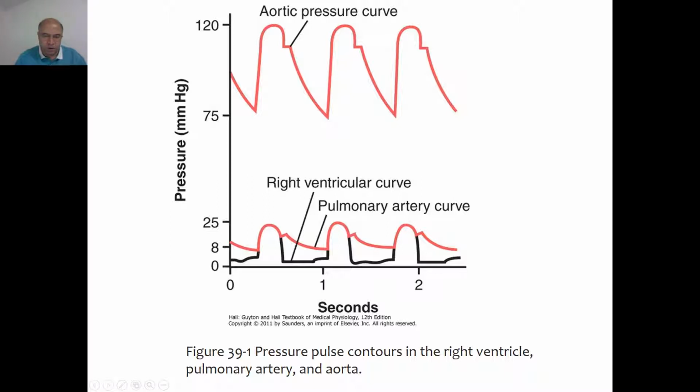After systole, when it goes to the diastolic phase, the pressure goes down in the right ventricle, whereas it doesn't go that low in the pulmonary artery. Why? Because semilunar valves in the orifice of the pulmonary artery will be closed and will not let the pressure go to very low values in the diastolic phase.